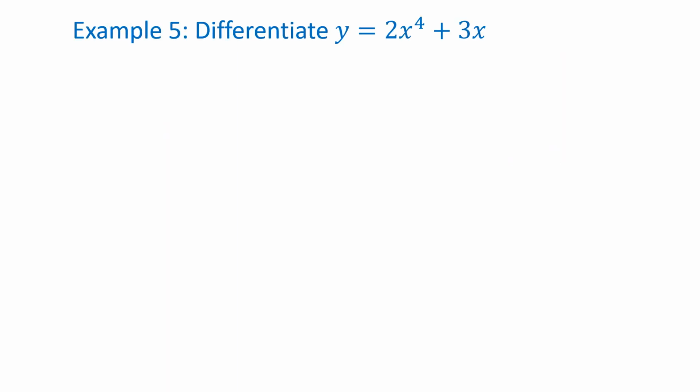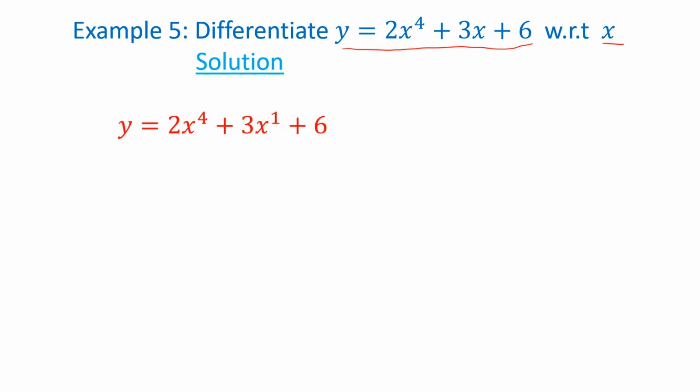In our fifth example, you have been asked to differentiate y is equal to 2x raised to power 4 plus 3x plus 6 with respect to x. So what we're going to do is first of all rewrite our original function as y is equal to 2x raised to power 4 plus 3x raised to power 1 plus 6x raised to power 0.